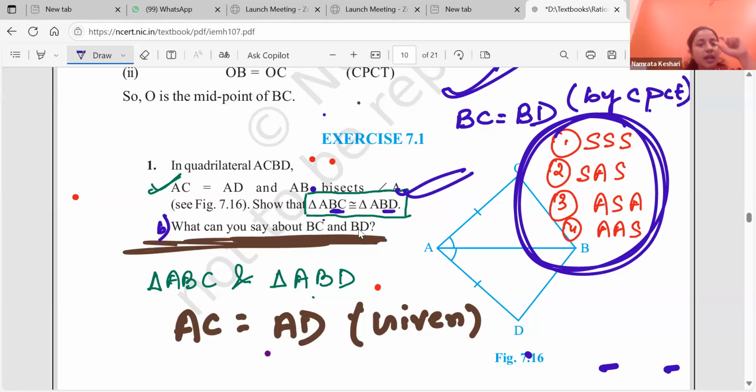Angle A same, angle B same, angle C D same. We are clear with this much of information. But we don't have to write everything over here. Whatever is required we will write. Since the question was asking about what can you say about BC and BD, we will say of course these two sides are same by CPCT.